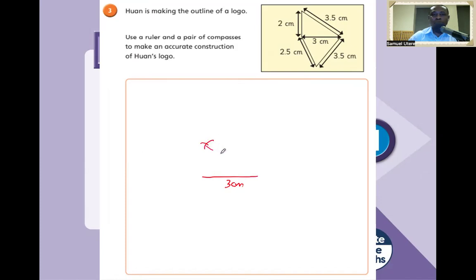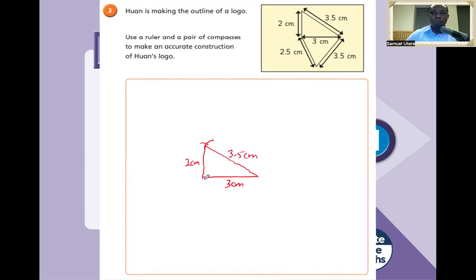You will find that where they intersect, you use a ruler to close the shape. And that would give you the upper part of the logo.